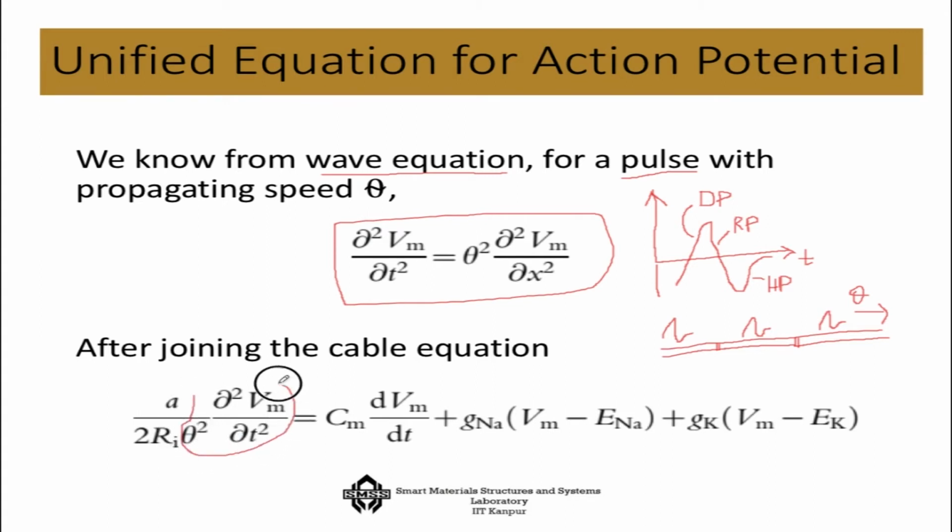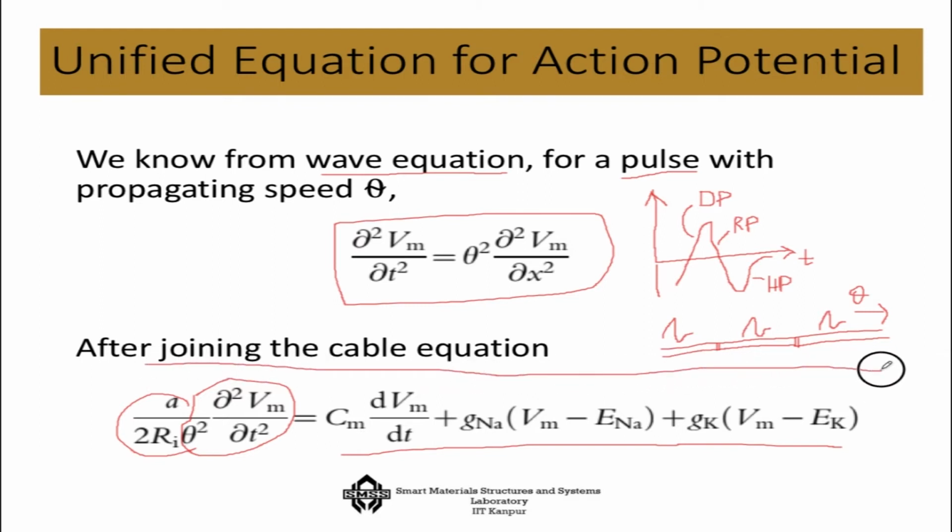Also, from the left hand side of the earlier equation, we have just taken that 2Ri by A and brought it to the left hand side. So it becomes A by 2Ri times 1 over theta squared, then ∂²Vm/∂t², which equals this current part, that is Cm dVm/dt, then the conductance related sodium and potassium currents. So this is what you will get as the final cable equation.